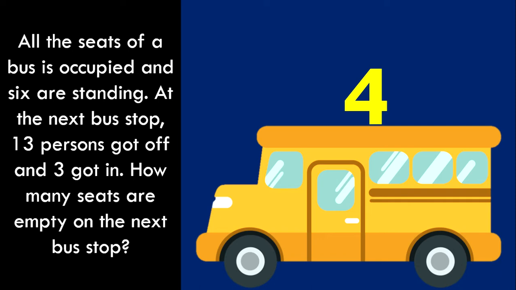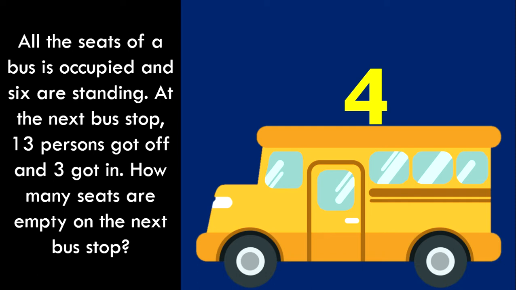On the next bus stop, 13 people got off. So that would be 13 empty seats, available seats. Of the 13 vacant seats, the 6 people who were standing will take seats, bringing the total of the vacant seats to 7. As stated in the problem, as the 13 people got off, 3 people got in.